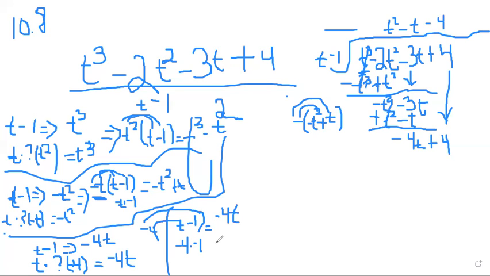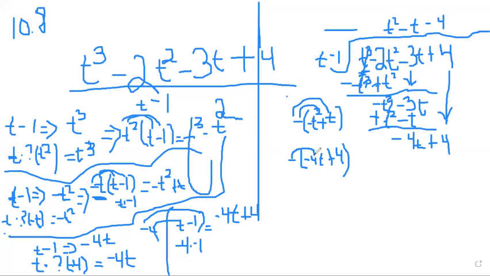However, negative and a negative make a positive. So that's how we get a positive 4. But once again, because we're getting ready to subtract, I'm just going to do a sidebar again and put in negative 4t plus 4. Okay, and let's distribute that negative and let's see what happens.